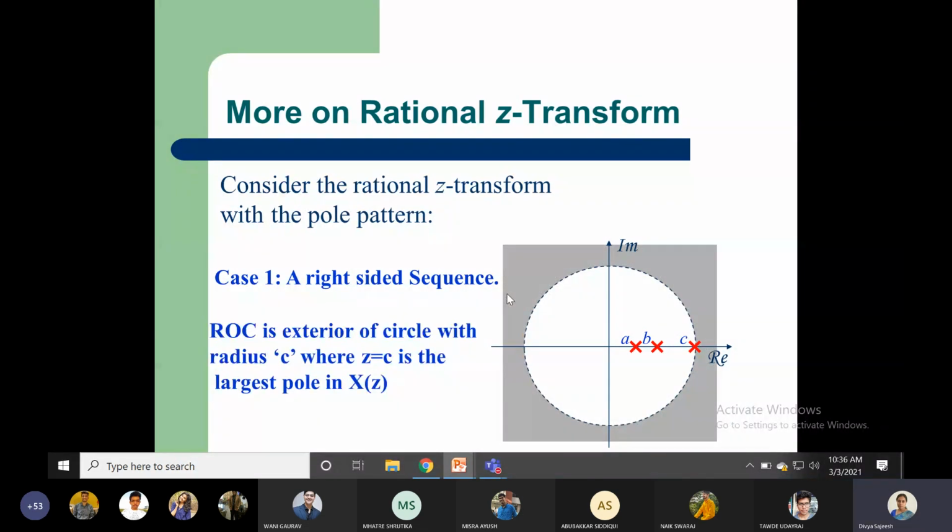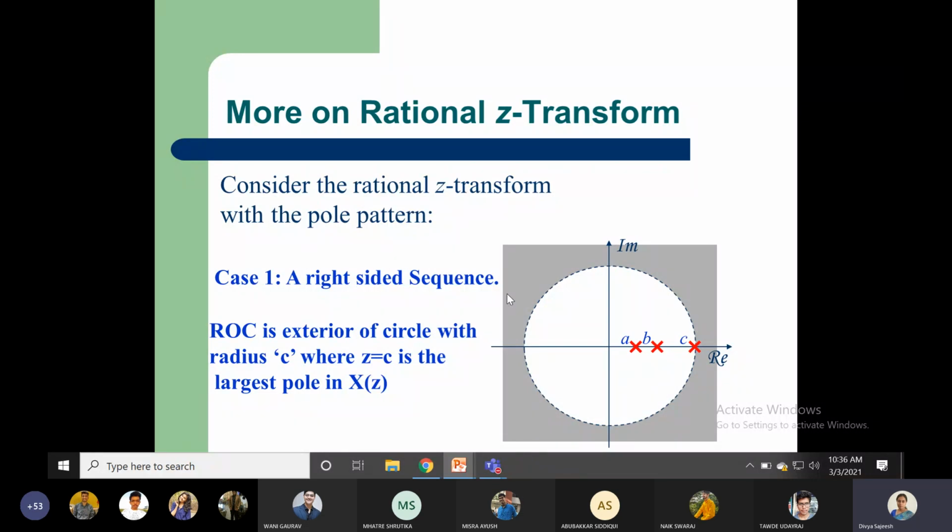ROC is always the exterior of the circle with radius C, where z equal to C is the largest pole in X of z. That means for a right-sided sequence having more than one pole, the region of convergence should always be greater than the highest pole.